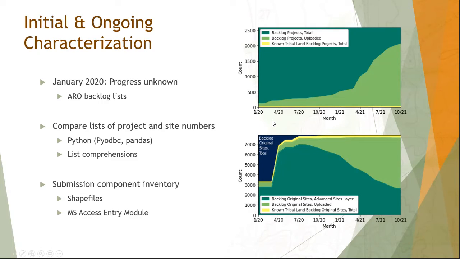Like Carrie mentioned, the submissions are very heterogeneous. There are those that are only paper submissions. There are those that are only PDFs. And then there are those that have one or both of these electronic data components that we need to upload.